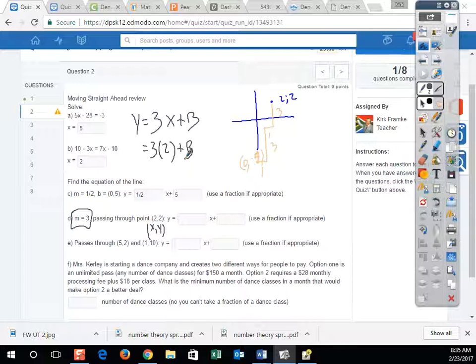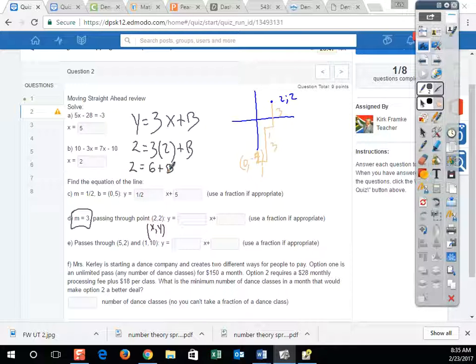All right. And instead of y, what can I use instead of y? 3. So 3 times 2 is 6. So we have 3 is equal to 6 plus b.